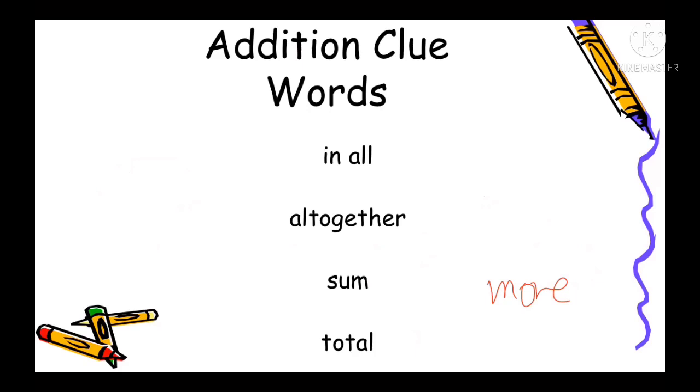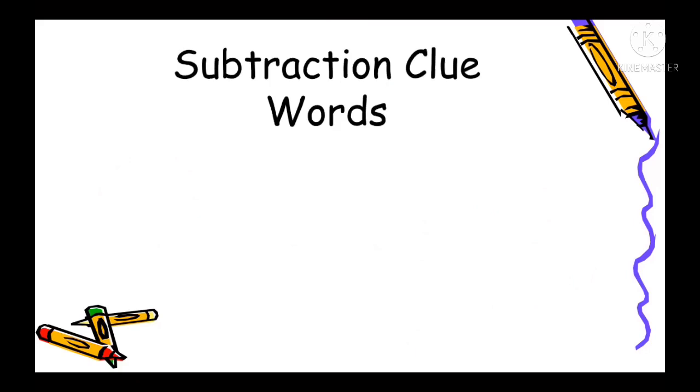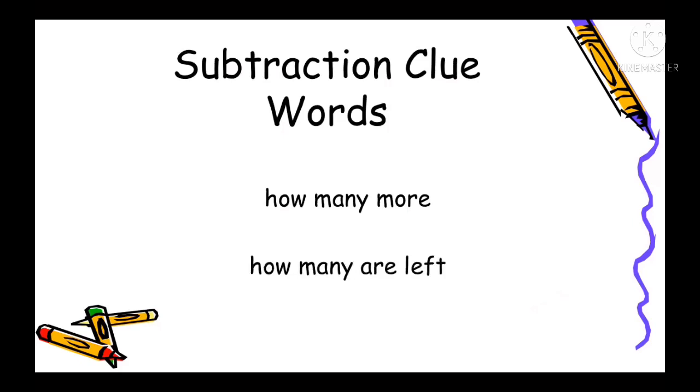Okay, good job. How about for subtraction? We have four, right? So we have how many more? How many are left? Difference. Did we forget one? Yes, we forgot less. And this one is very important.